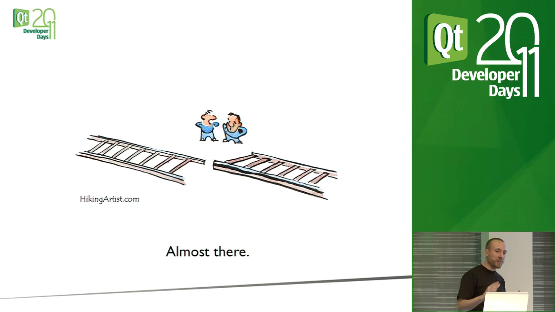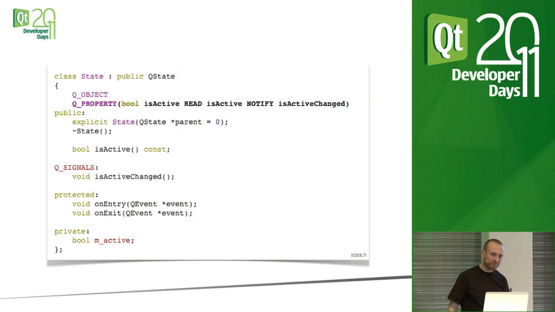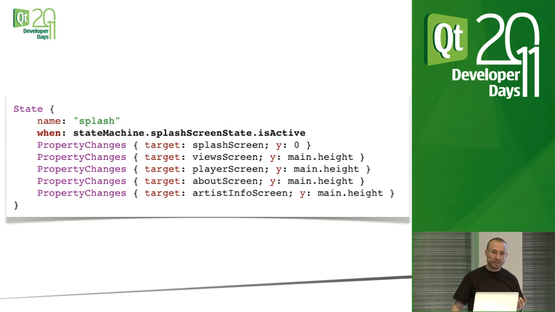So we're almost there. We have a state machine that works, that has the conditions set up. We need one key feature to make this work with our UI. So we want to be able to connect our states to QML, and we do that through a property that I've called isActive, which basically says whether or not a state is active or not. And the way I use it is this way.